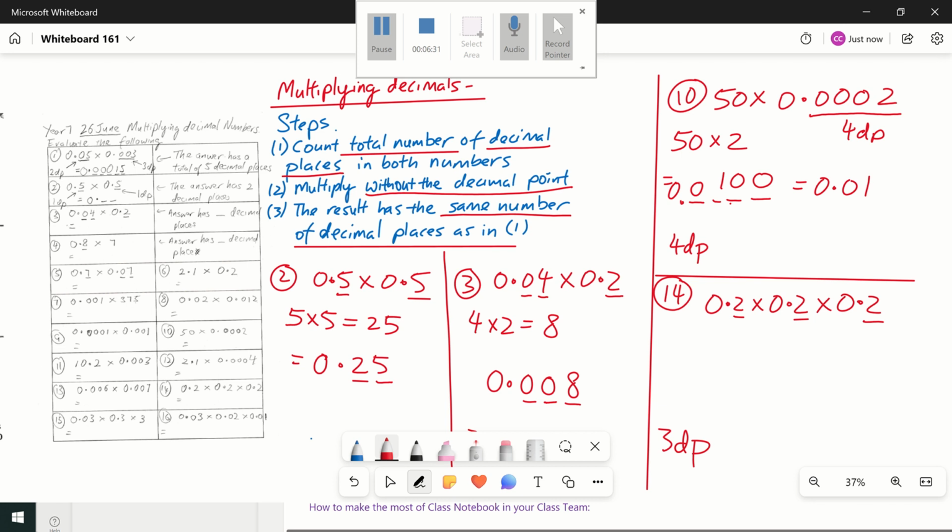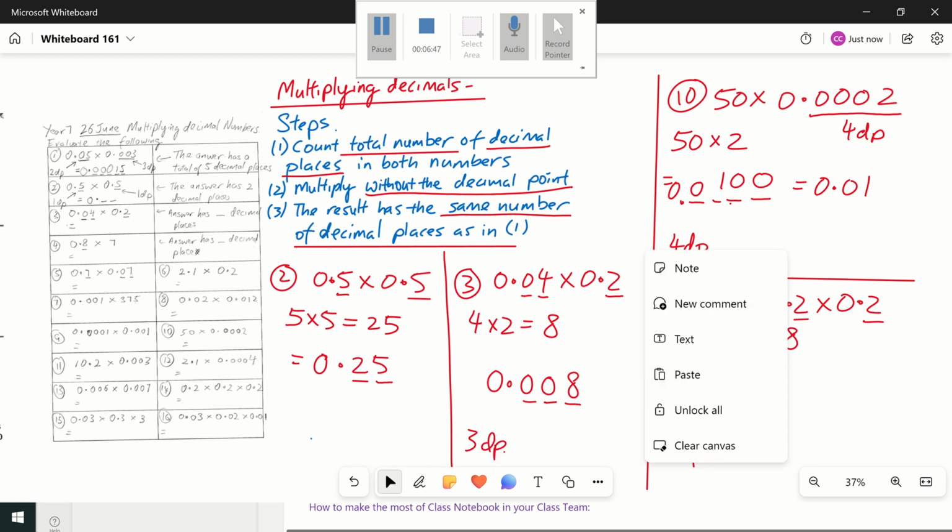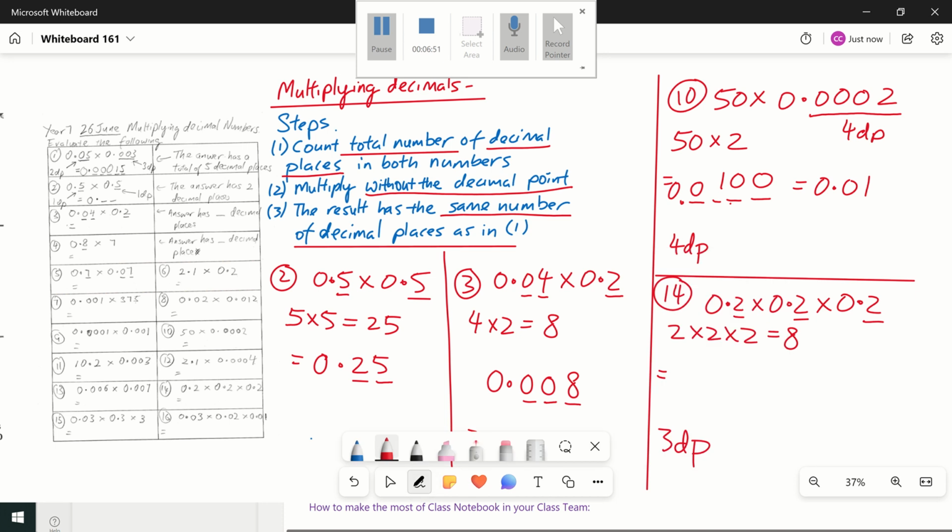So now we're going to go ahead and multiply the decimals as if the decimal points don't exist. 2 times 2 times 2, that gives us 8. Now, our answer has 3 decimal places.